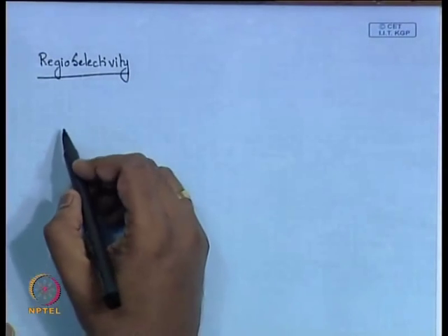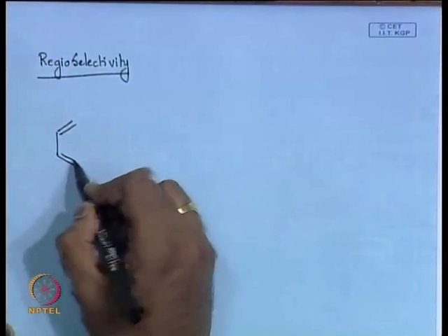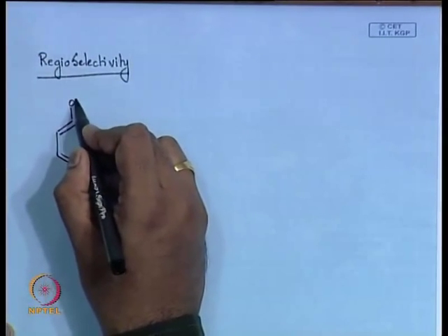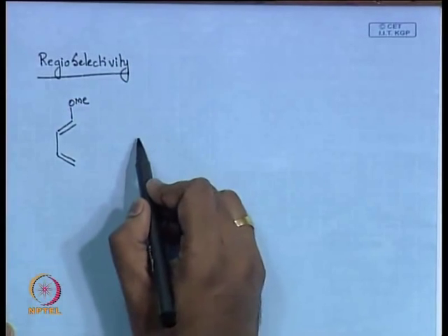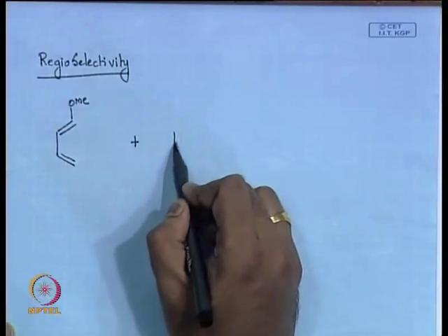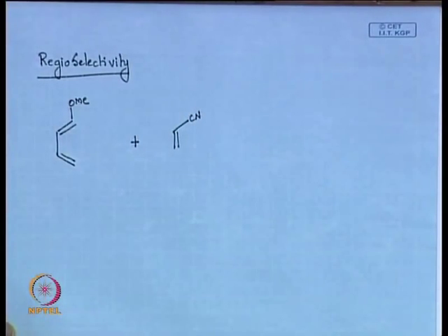I take a diene with a methoxy substituent. In another case, I take an electron withdrawing dienophile with a cyano substituent.